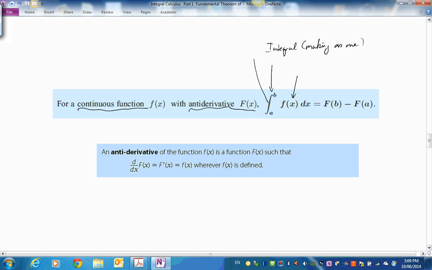And why do we use a stretched out S? Because that's reflective of the sum of an infinite number of rectangles drawn from a to b over that interval where we wanted the area. We're saying if we did that, so this is reflective of our upper and lower sum approach. It means summing an infinite number of rectangles over that.